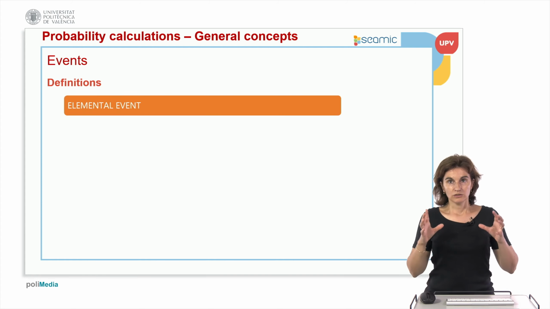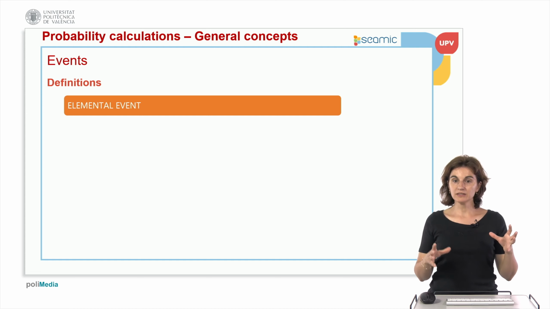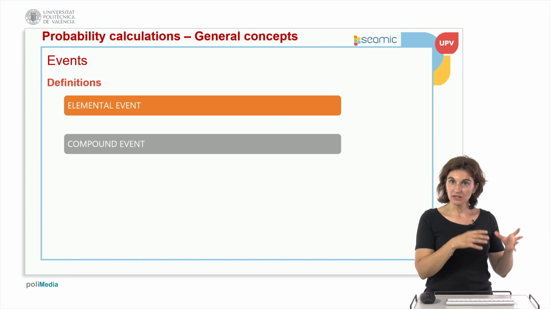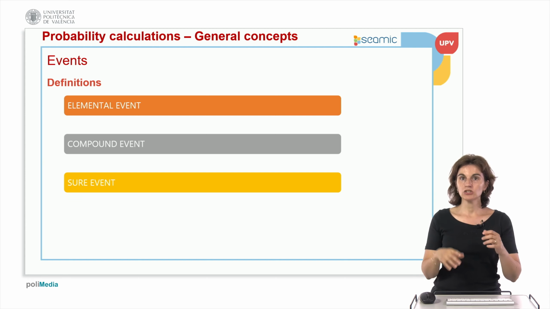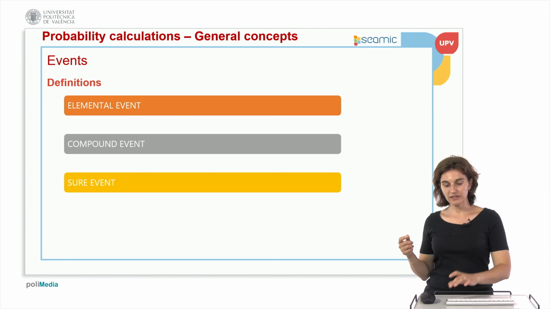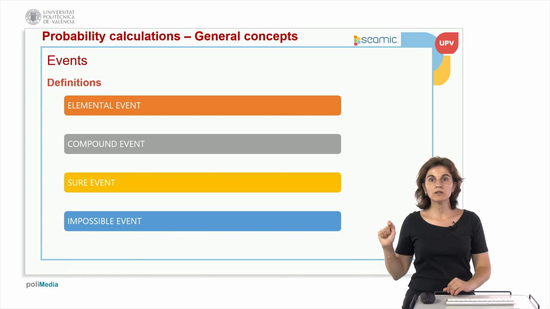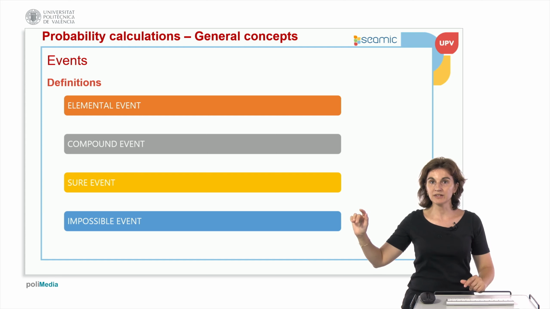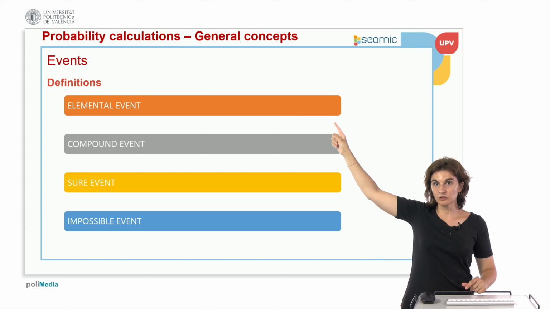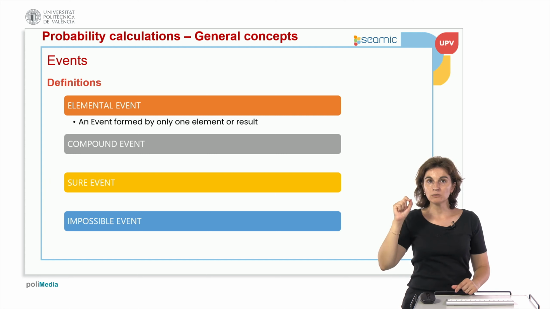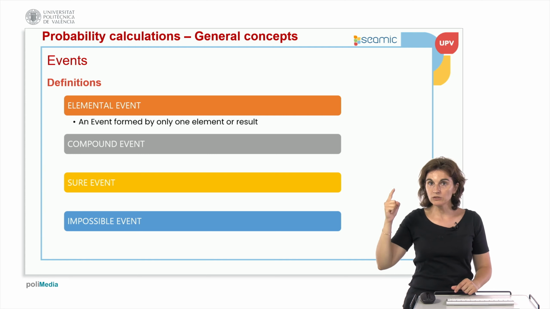So, to understand what is the meaning of an event, we need to distinguish between elemental events, compound events, sure events, and finally, impossible events. In this course, we will work only with elemental events, the one that's at the top of the slide. An elemental event is composed by only one element or result.